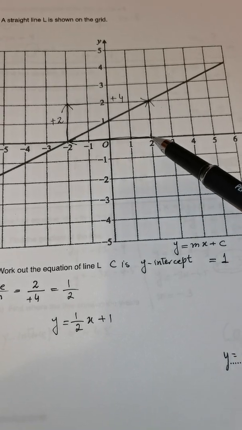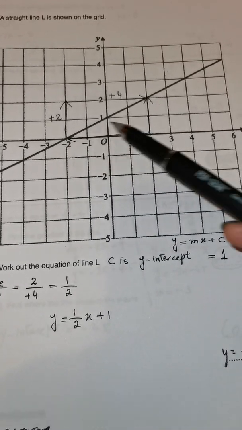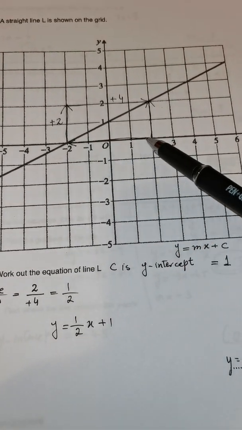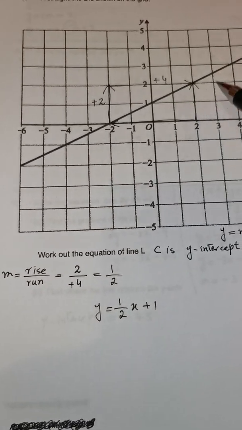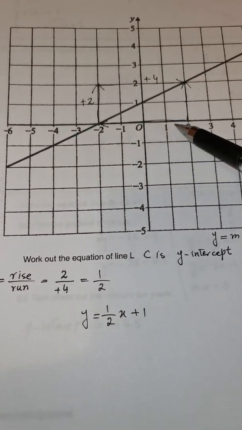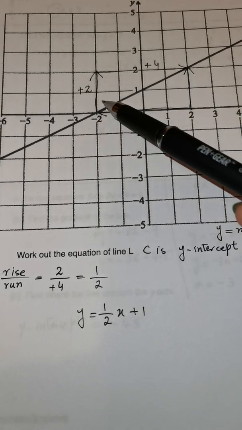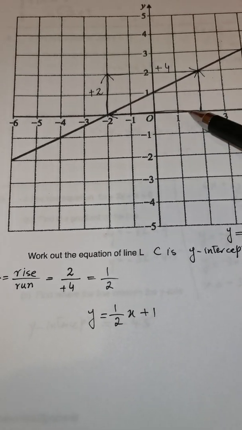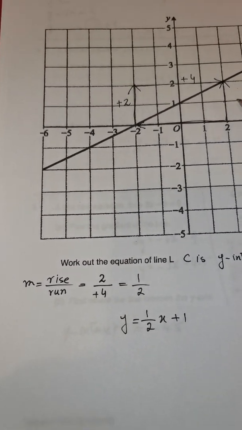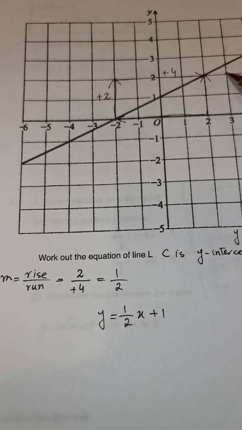Now first of all we will go to rise and run. We will check how many steps we are going along the x-axis and how many steps along the y-axis, right? This will give us our slope.